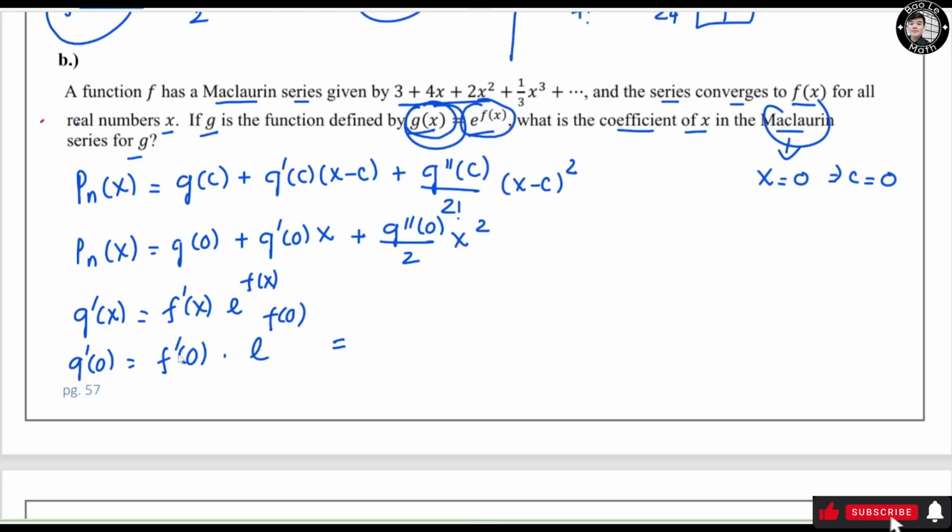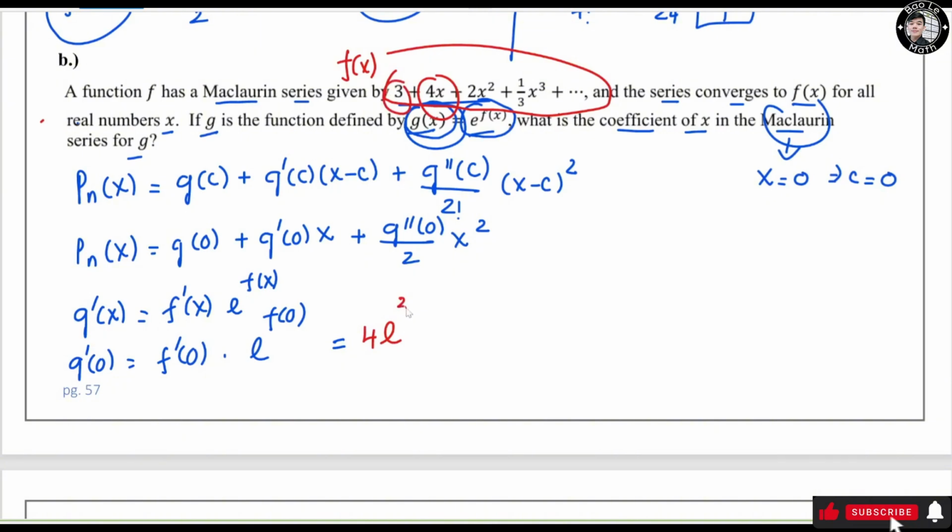Now f prime of 0 is the coefficient in front of x in the function f(x), right here, equal 4. Now times e to the f of 0, this one is the constant in the function f(x), it's right here.